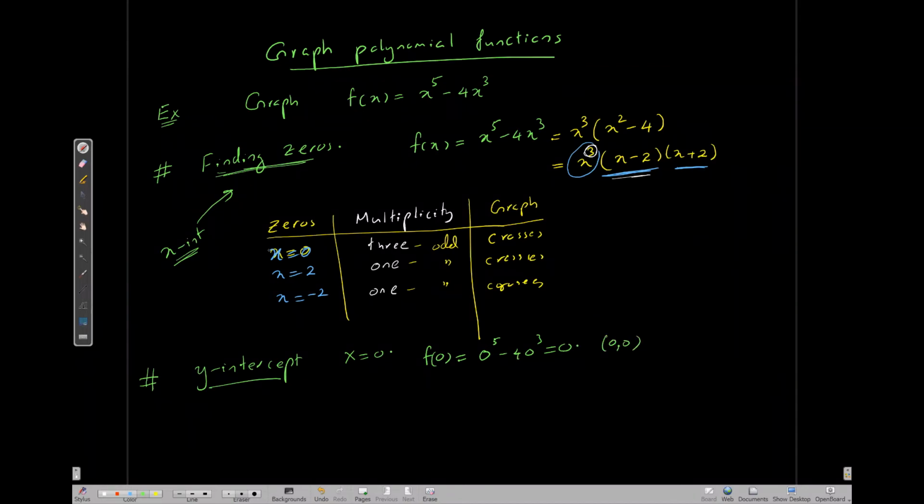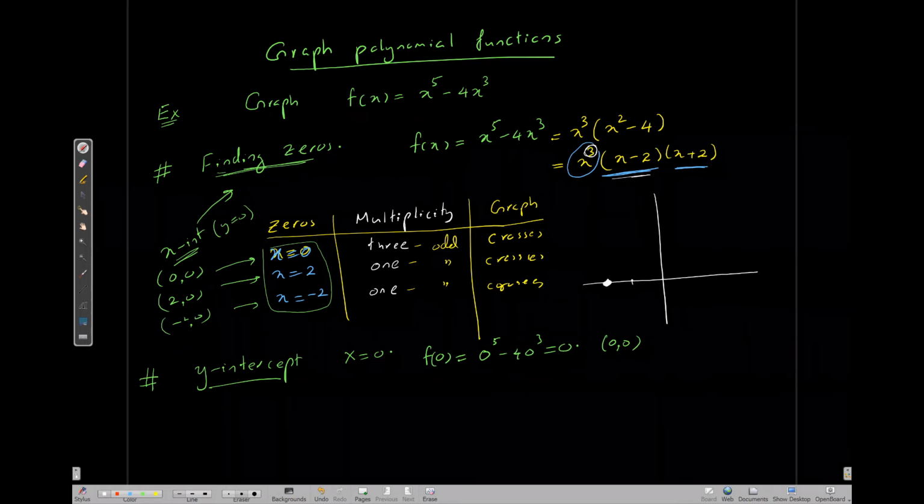And the x-intercepts are x equals 0, and for an x-intercept the y value is 0. So the x-intercepts are (0, 0), from this factor (2, 0), and from this one (negative 2, 0). So at this point we know our graph passes through negative 2, 0, somewhere here, and 0, 0, and 2, 0.